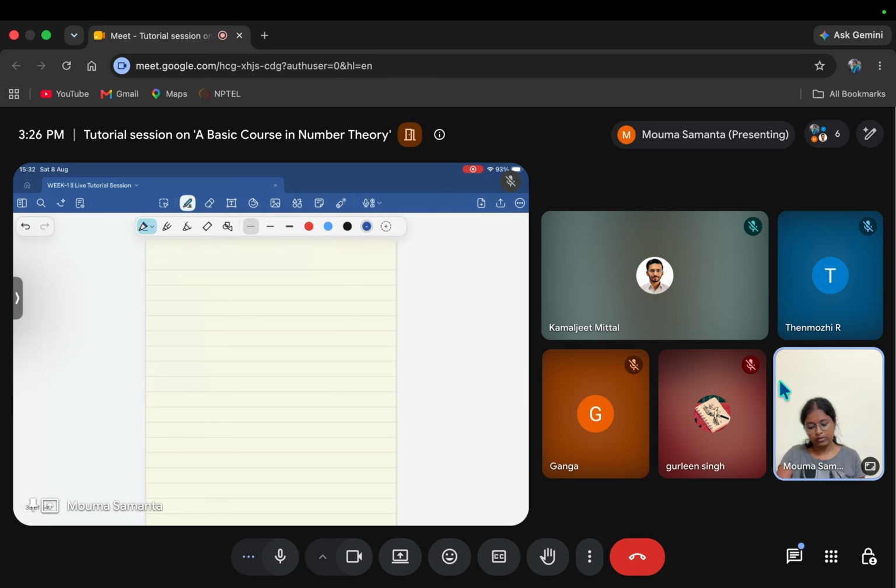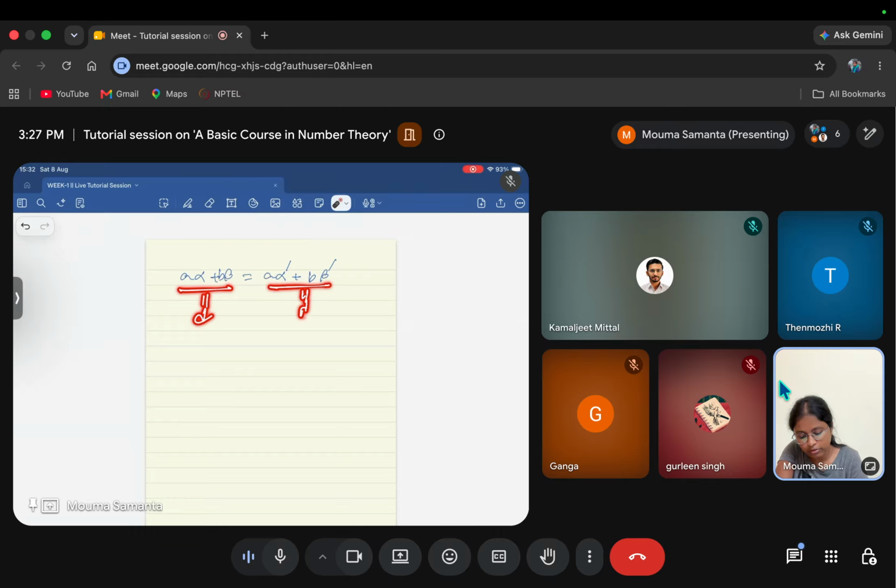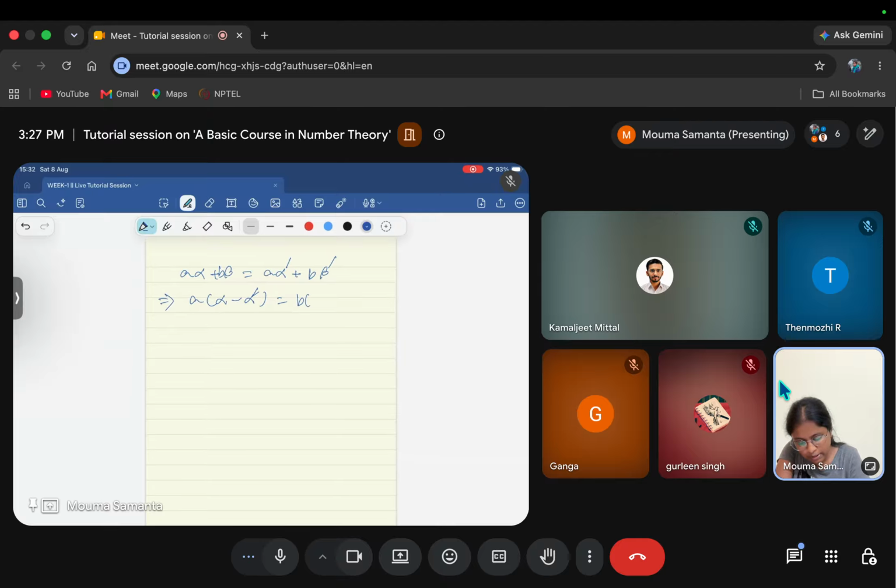So what do we have then? We have a alpha plus b beta equals a alpha prime plus b beta prime, because both of these are equal to d. Now we can write it this way: a times (alpha minus alpha prime) equals b times (beta prime minus beta).